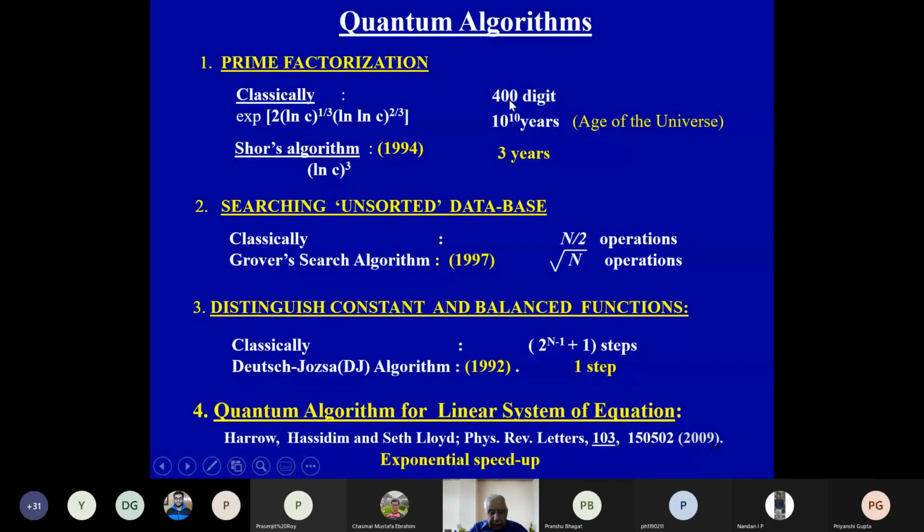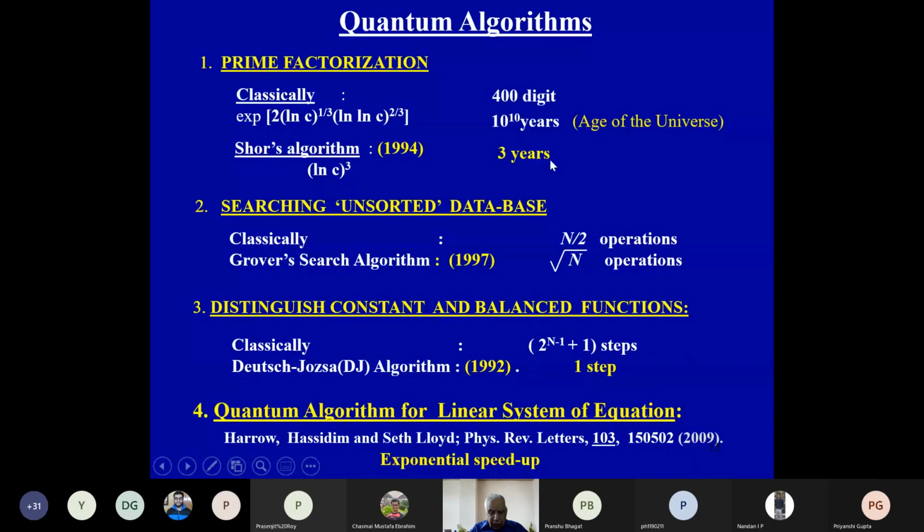Now, our bank accounts are safe, military communications are safe because you cannot really find the factors using a classical computer. However, Shor gave a quantum algorithm in 1994 and showed that the complexity increases only logarithmically as the size of the digit increases.